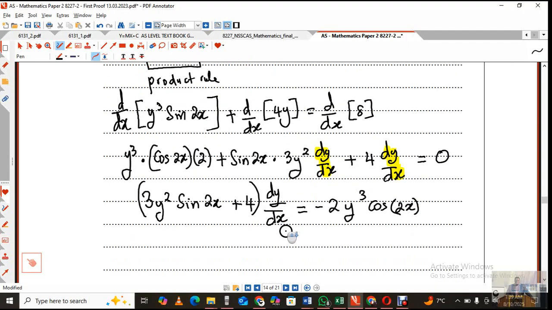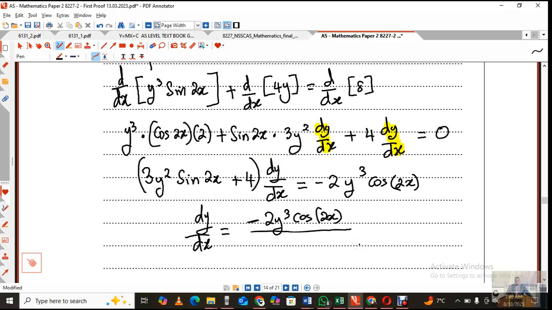Now you're going to divide throughout by whatever is in front of dy dx, so that dy dx, which is what we are required to prove, is on its own. So I have minus 2y cubed cos 2x, all of this over that coefficient, so you have 3y squared sine 2x plus 4.